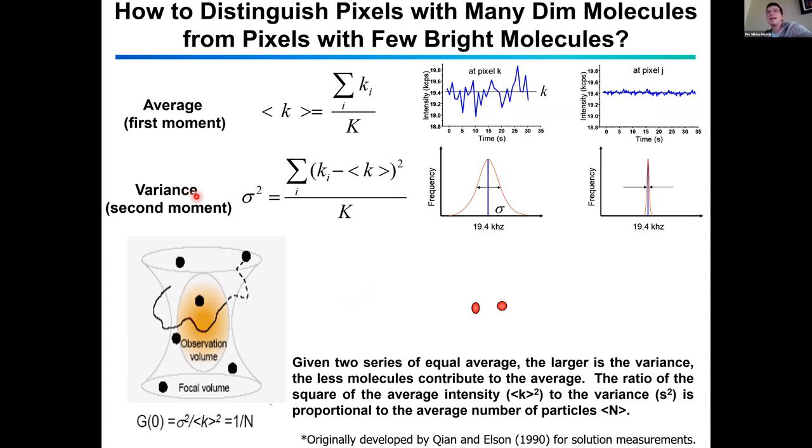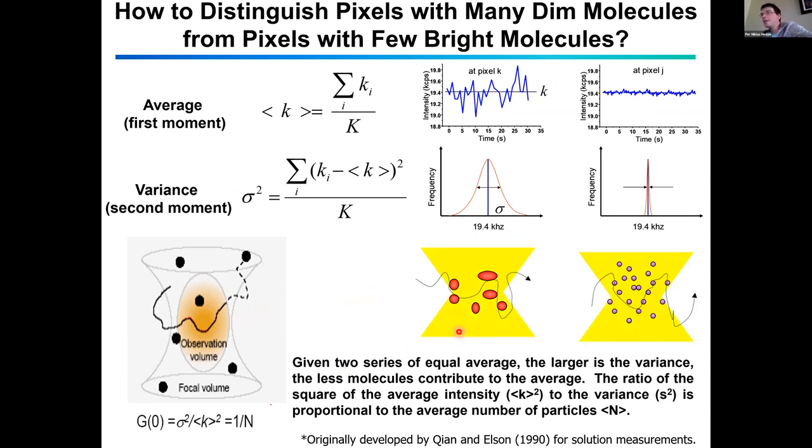You can quantify this by looking at the variance, or the second moment, of the fluorescence signal in each pixel. Aggregates that have many fluorophores and are very bright will leave and enter the observation volume simultaneously, giving you a large variance, whereas the dim monomers will give you a smaller variance.